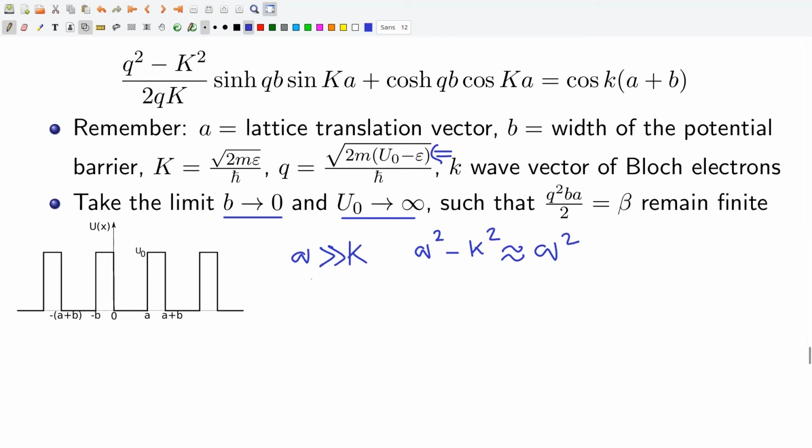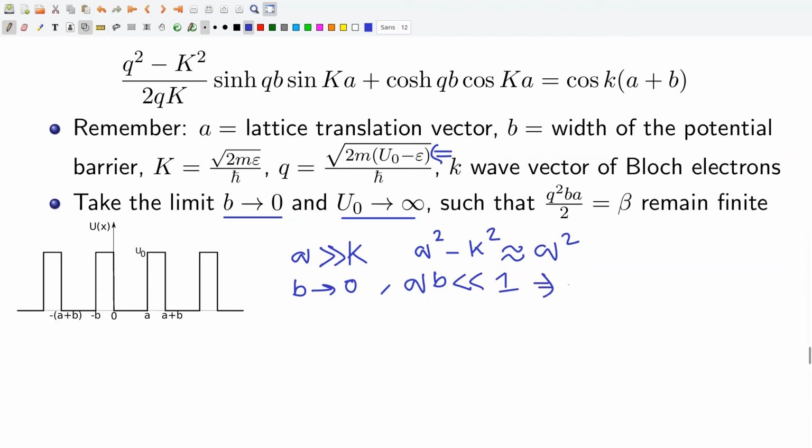Now, since b tends to 0, we have q times b much less than or equal to 1.